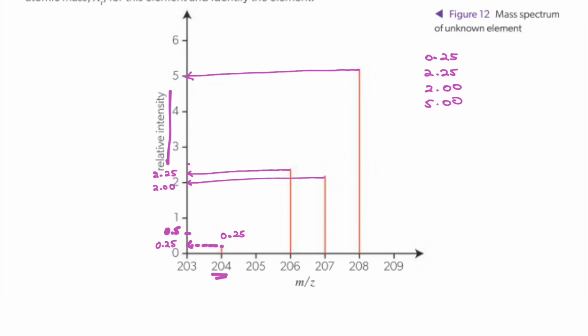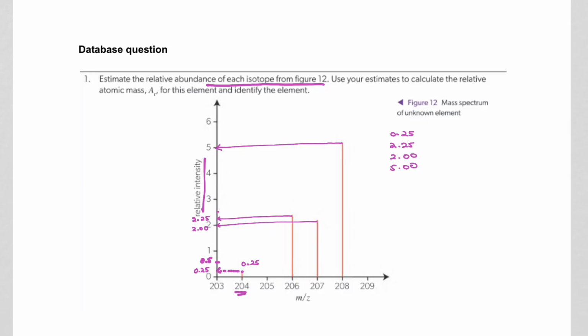Your values might be slightly different as mine. I'm not using a ruler. If you're using a ruler, it might be slightly different. And then use your estimates to calculate relative atomic mass. So you can see here that when I add these relative intensities, it will not add up to 100%.